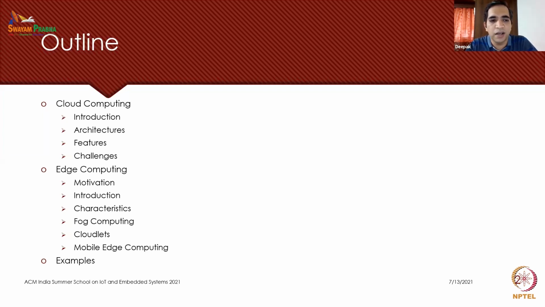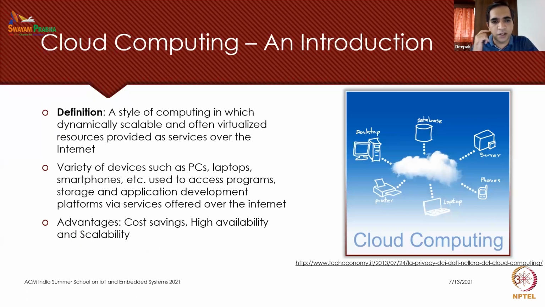At the end of this, I'll try to motivate you with some very interesting and currently very hot areas of research in this topic. So anybody who is interested in research would also be interested to hear that. So that's going to be the outline of today's talk. Let me, without any delay, get into what cloud computing looks like.